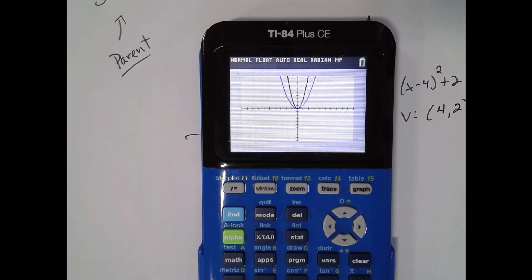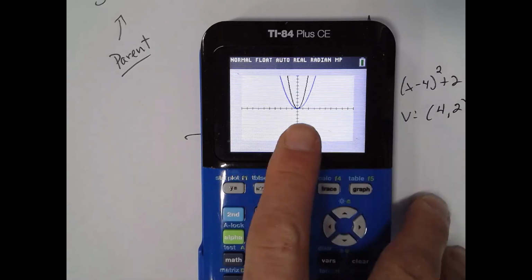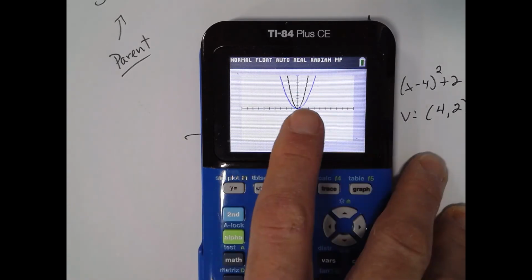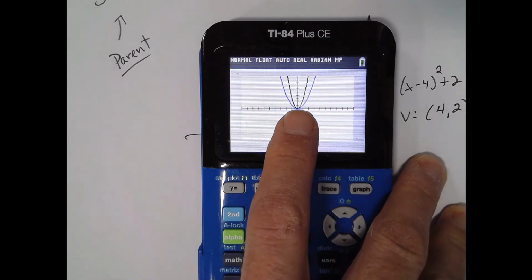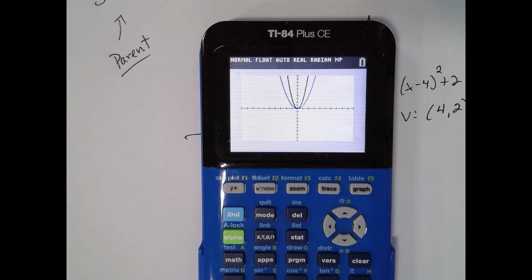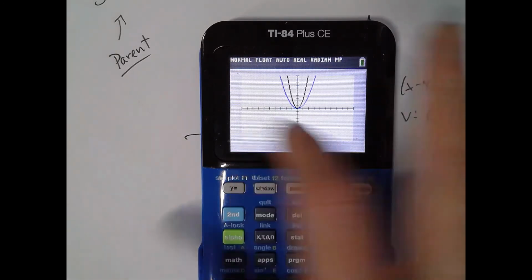So if you have a number out in front of the x squared that is greater than 1, it's going to be skinnier. If it's just 1, it's the normal shape.